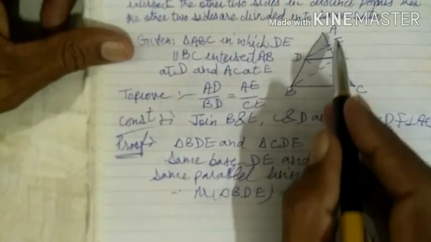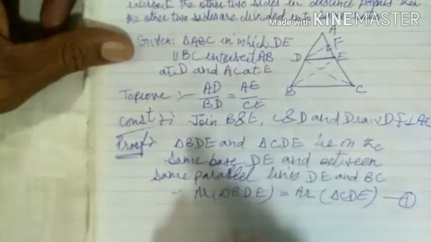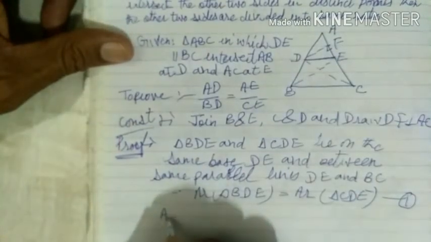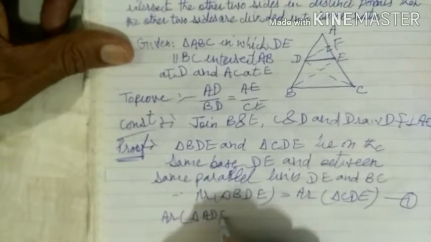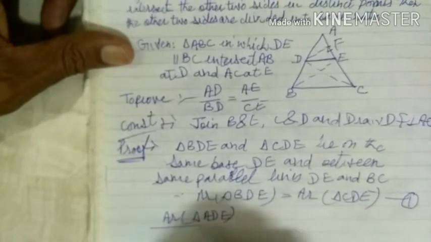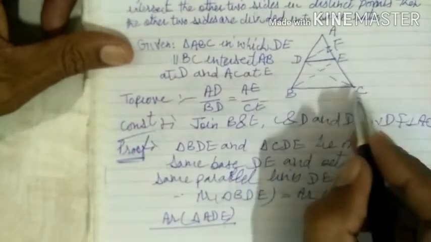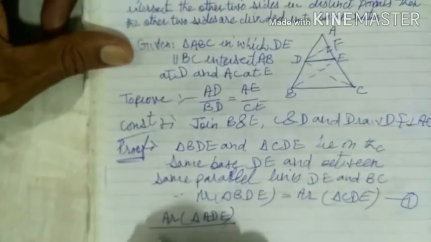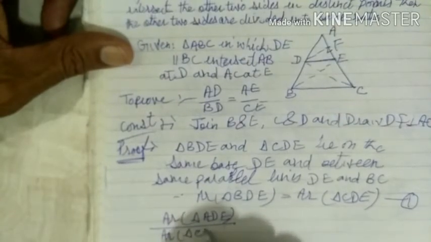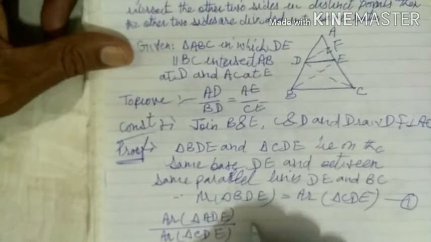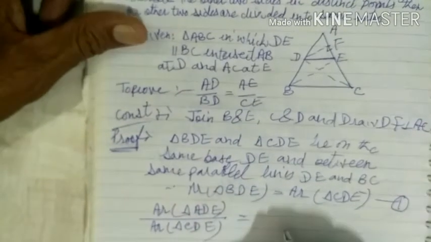Now, area of triangle ADE upon area of triangle CDE is equal to, what is the area of triangle?